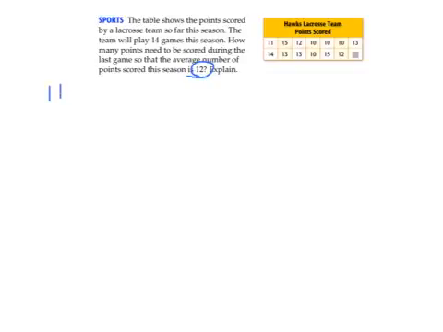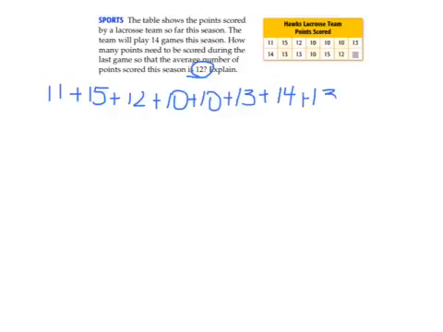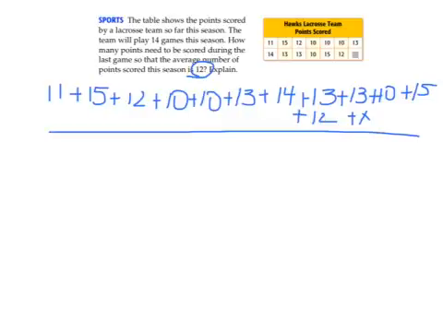So we're going to add 11 plus 15 plus 12 plus 10 plus 10 plus 13 plus 14 plus 13 plus 13 plus 10 plus 15 plus 12 plus x all over, let's count how many we have here, 1, 2, 3, 4, 5, 6, 7, 8, 9, 10, 11, 12, 13, 14, and this all should equal 12.